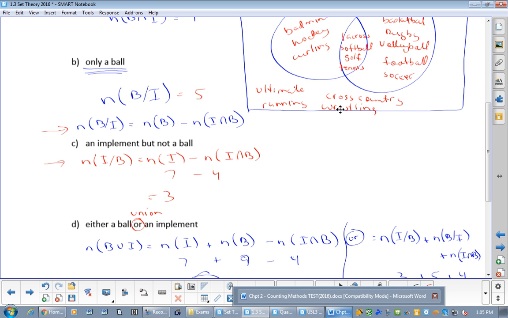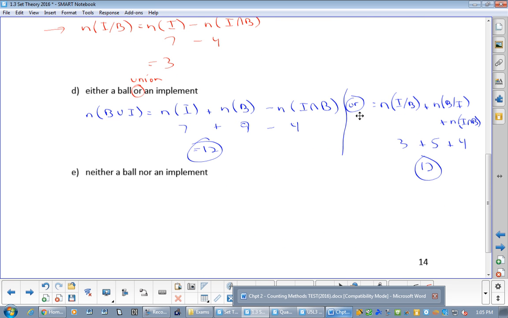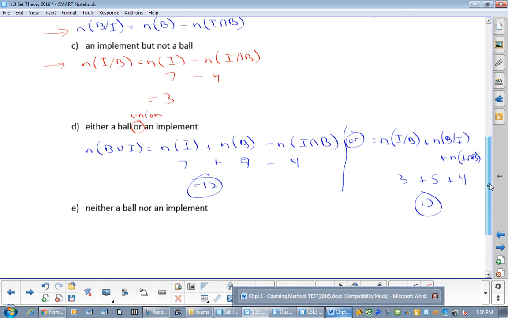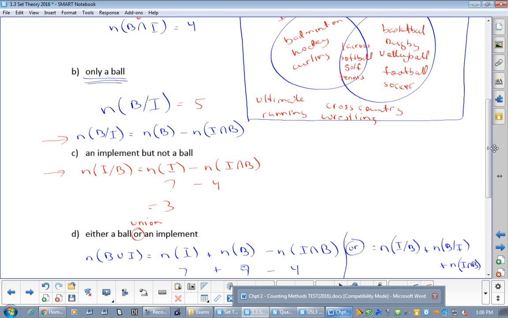Okay, so like I've been trying to tell you, this stuff can be very, very confusing with all the little slashes and whatever. Hopefully through practice and all the quizzes and really going slow on this stuff, I won't lose anybody. Now E really is playing on words even more by saying, what is neither a ball nor an implement? Now we can see that up in our diagram quite easily, can't we?